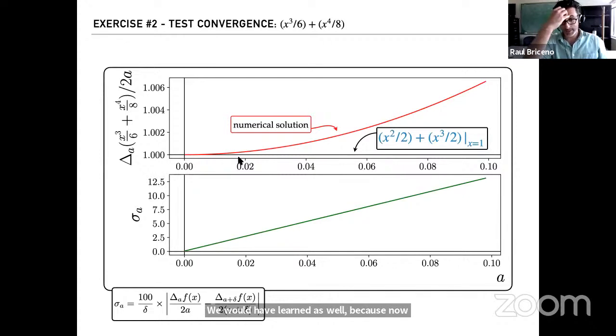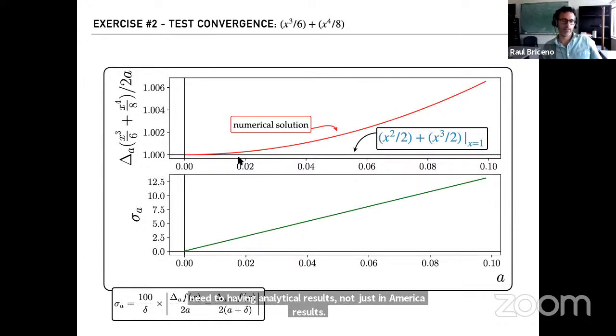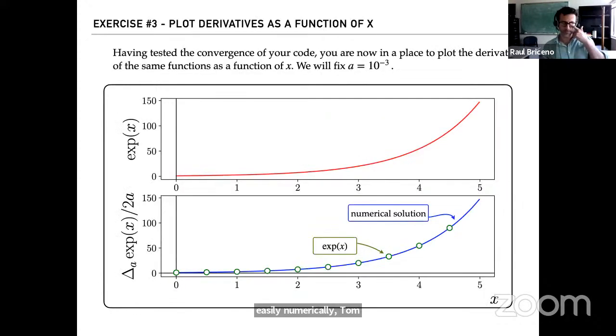But there's obviously a lot of need for having analytical results, not just numerical results. But it's really nice to see that analytical known results can be obtained really easily numerically. So, all right, hopefully that's super clear.